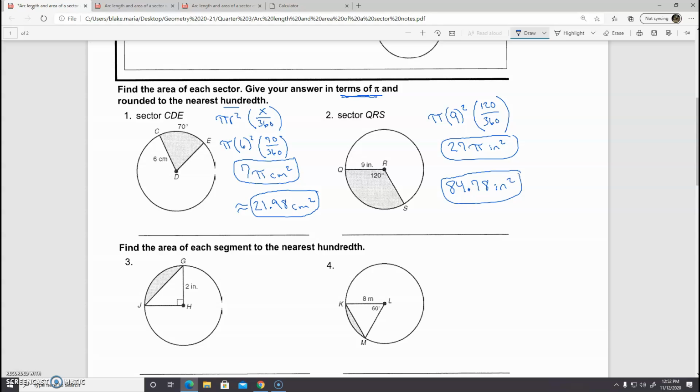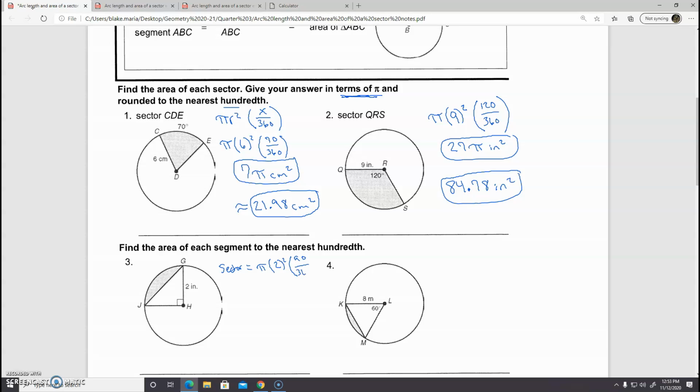Now the next one, notice I don't want all of this sector. I just want this little slip right here. So let's find area of a sector first. It's still pi r squared, so r is 2 squared. And then again, you don't want the entire area, you want a piece. Looks like 90 degrees here, 90 degrees out of the total 360.